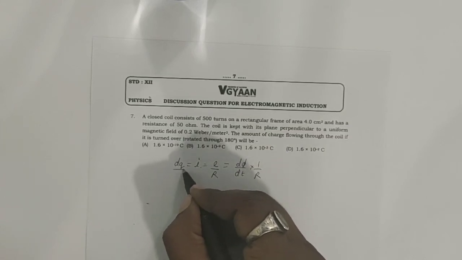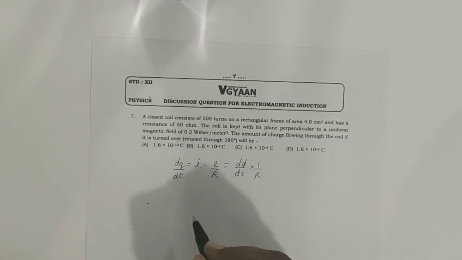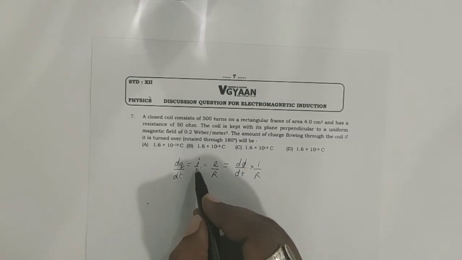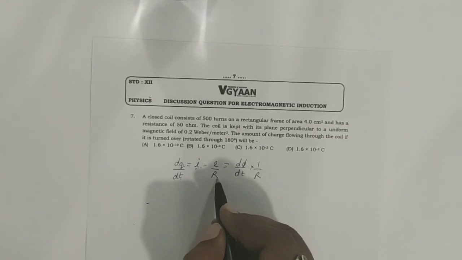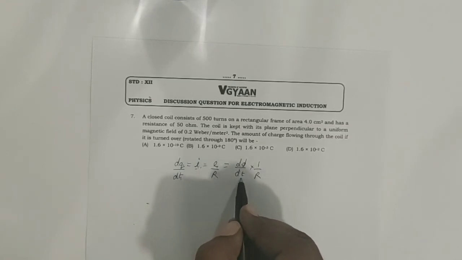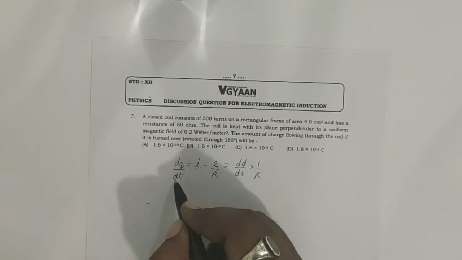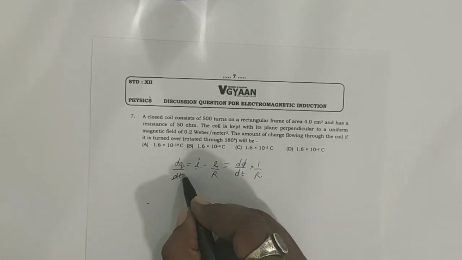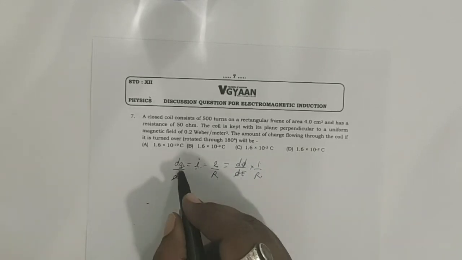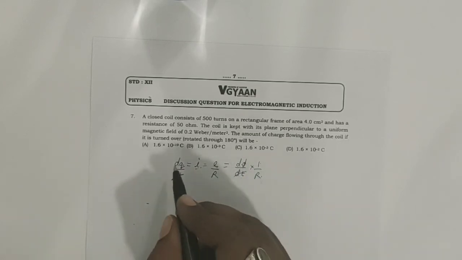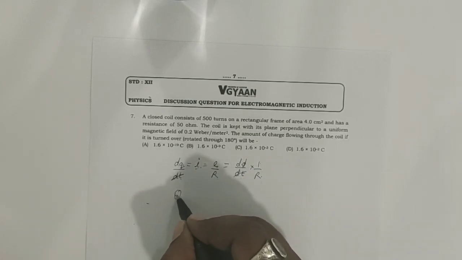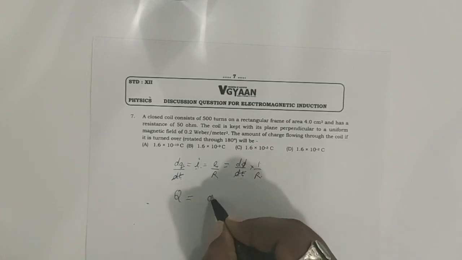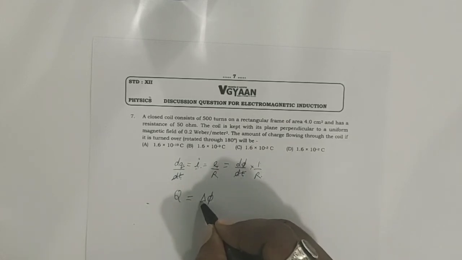Current is a rate of flow of charge, hence I can say dq by dt is nothing but the current. Current is the EMF induced upon resistance. EMF induced is d phi by dt. So therefore, this dq by dt is equal to d phi by dt into 1 by R. Now if I equate this, I get dq is equal to d phi by R. But hello, I don't want dq, I want the total charge. Based on that, I can simply say that it is the total change of flux divided by R.